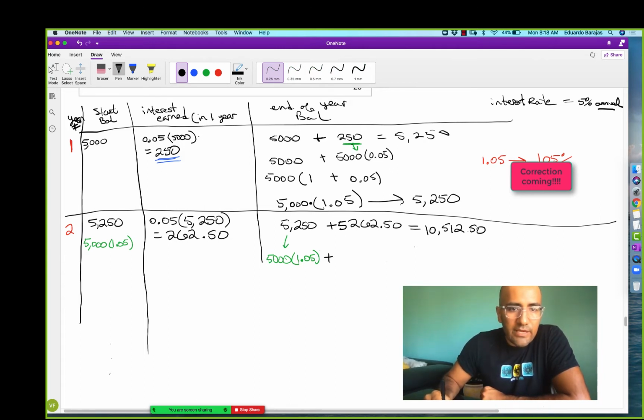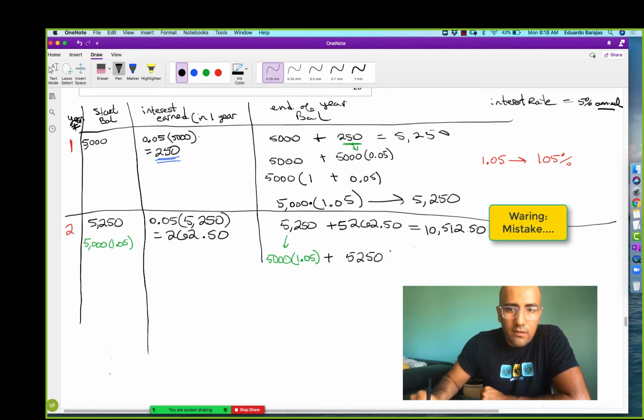and now this 262.50 was the multiplication of these two numbers, so that one should be 5,250 times 0.05. That's what gives me this number here. Right?